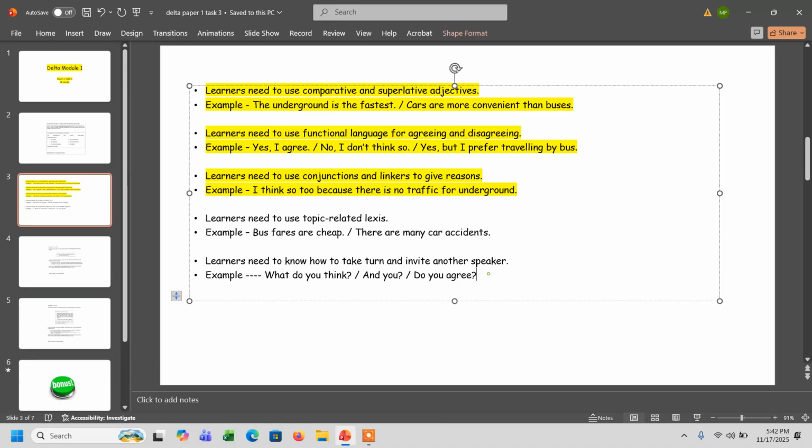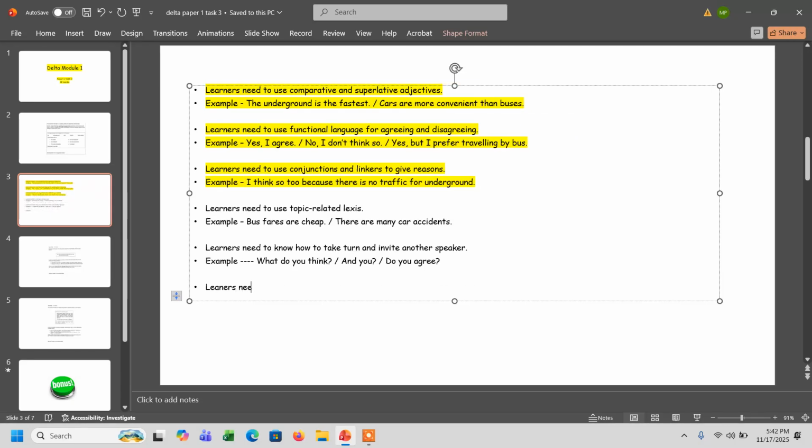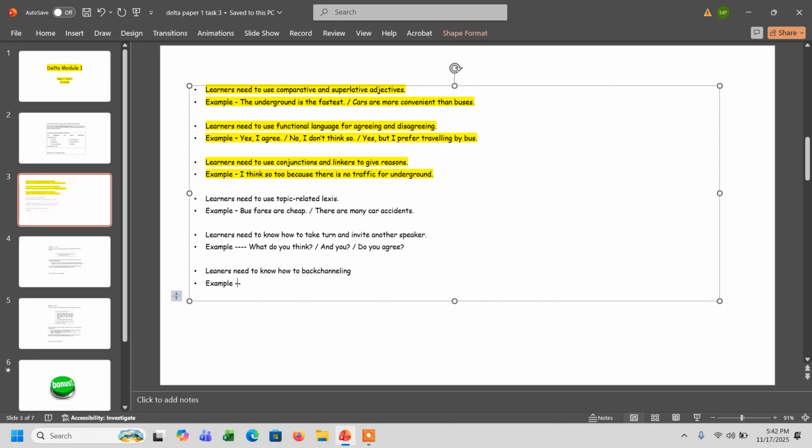For example, here I can also think of learners need to know how to back channel. Like back channeling. Example. Oh, okay. Oh, wait.